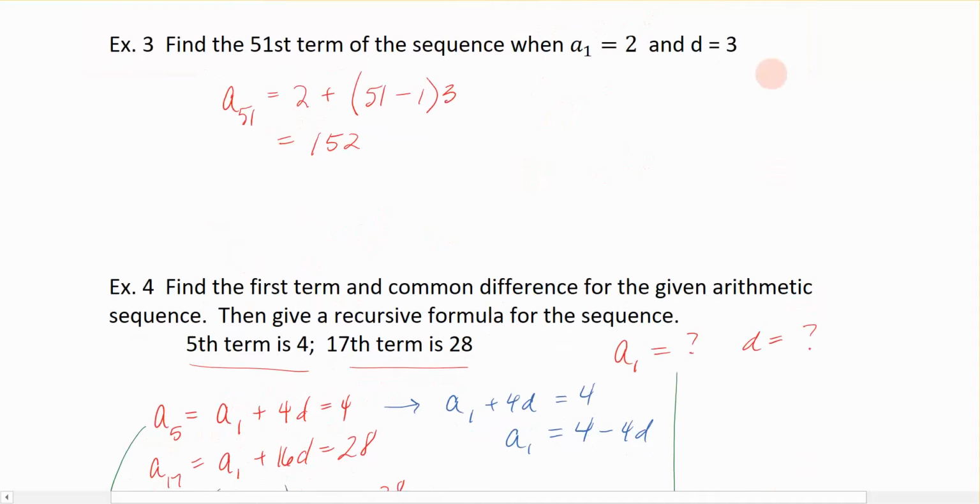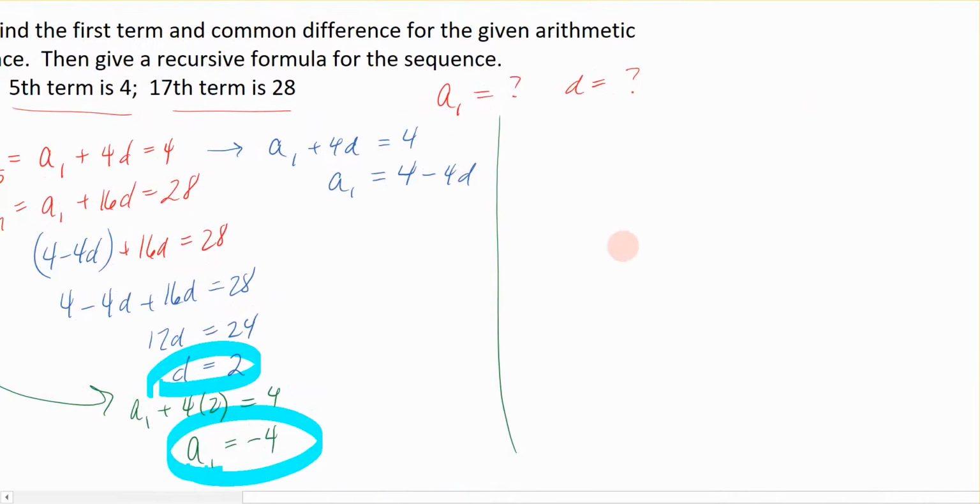So we're going to go back down here, and the recursive formula for the sequence would look like this. a1, we already said, is negative 4, and a sub n is equal to a sub n minus 1 plus my common difference of 2, because there it was over there. So this is the second part of what my question wanted me to answer.